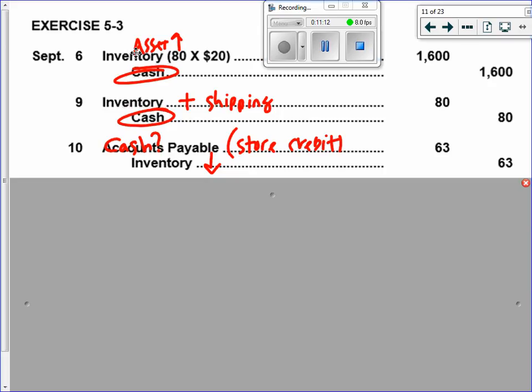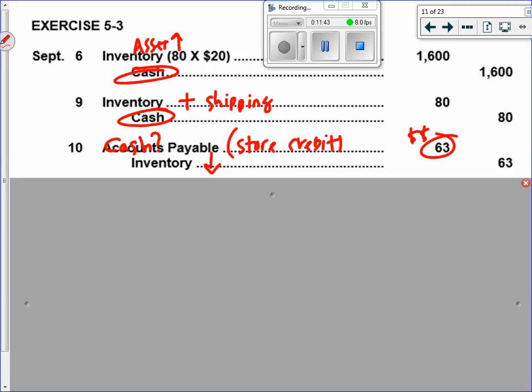Now think about this from an accounts payable perspective. Accounts payable typically has a credit balance when we owe. Now, if we owe, we've got a debit offsetting that credit. Does that make sense? So store credit should actually be called store debit, really, because they've given us a debit. In other words, we've got $63 sitting there in a little kitty to use the next time we go buy from them.